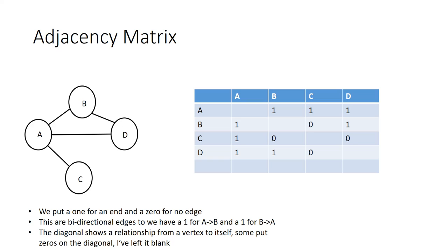Some people feel this wastes space, but it means that we can use the same representation for directional graphs. Also, lots of programming languages don't do very well with triangular matrices or ragged matrices. You can do them in Java, but it's a lot of extra work, and it really doesn't buy very much.